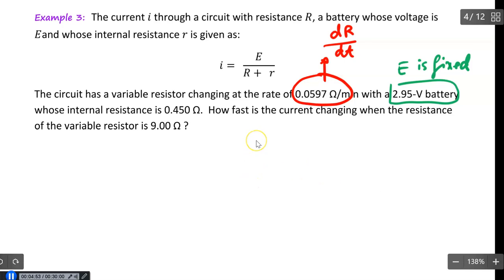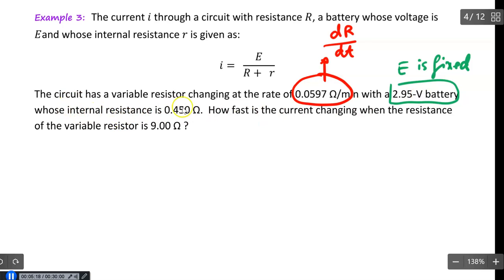So the changing factor in here is in fact this number. Because you have a voltage that is set to be a 2.95 volts battery, this number is fixed and is also representing E, which is the potential difference, because of the unit indicated here.